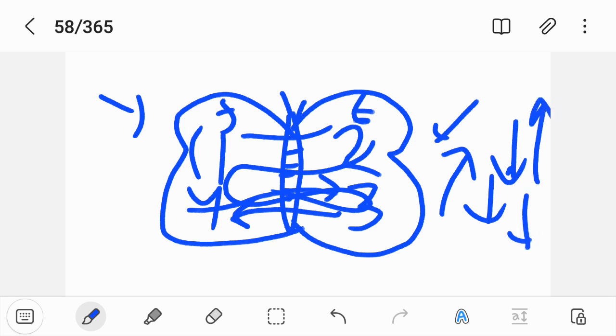And then because of gravity it goes down again and then goes up and so on, I think. Anyway, I'm not sure about that, so don't credit me for that.